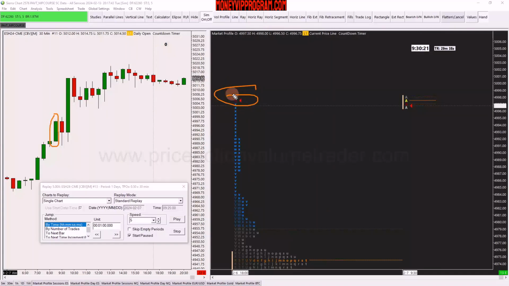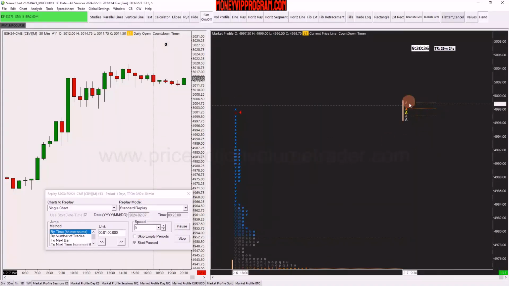This candle here was this close, and now we're immediately opening into this next candle, which is going to be this one right here. And you can see we're starting with the letter A. So basically between 9:30 and 10 a.m., it's going to be what we call the A period. You can see this is a backwards timer for the time left in this period. So let's just hit play.